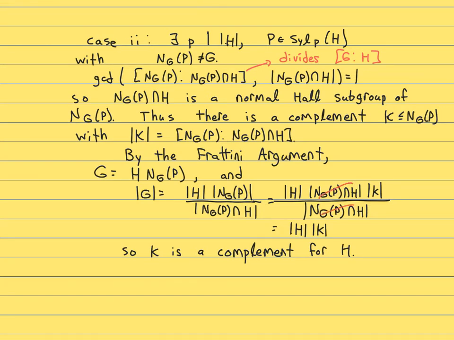And now we can cancel, and we have size of H times size of K. And so by this calculation, we see that the order of K is also complementary to the order of H. And so K is also a complement for H.